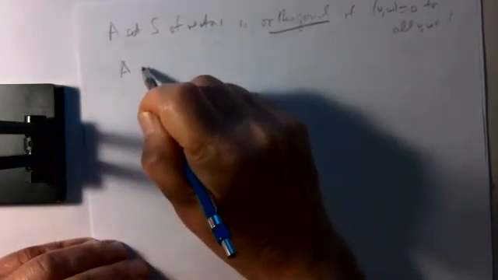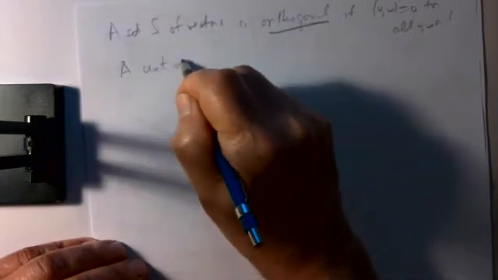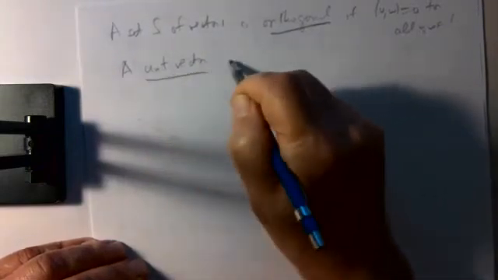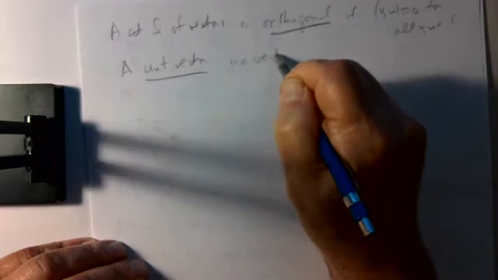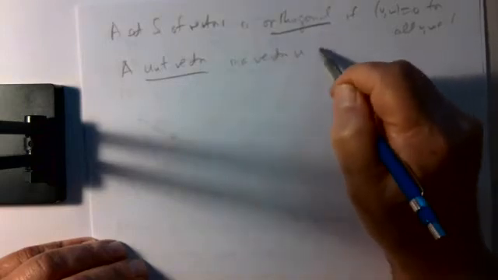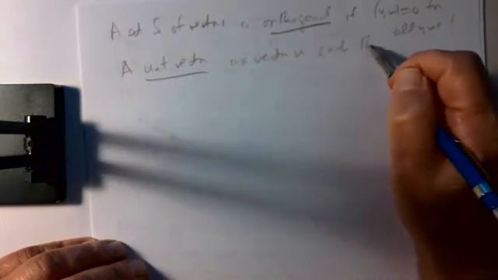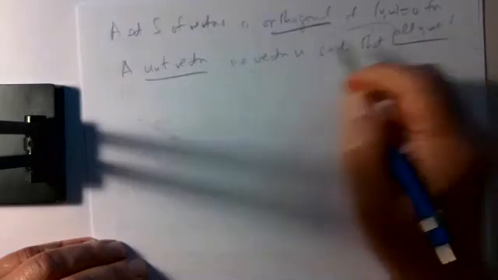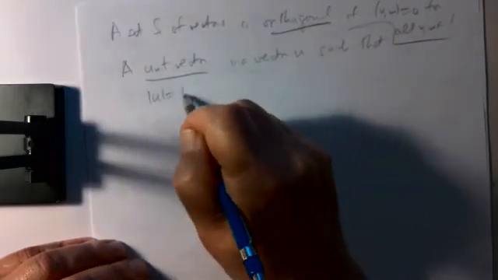So we say that a unit vector is a vector U such that the length of U is 1.